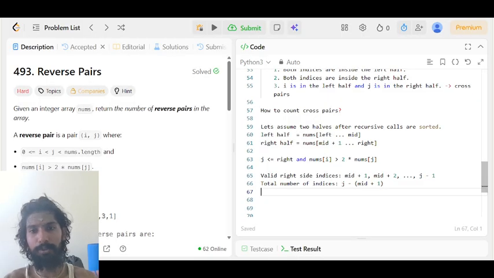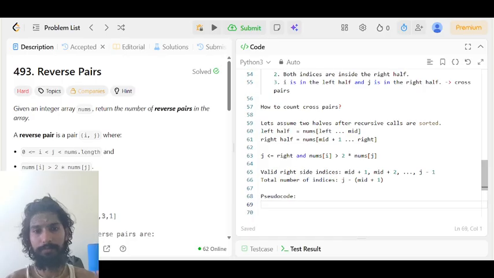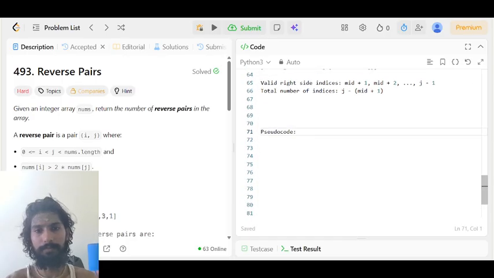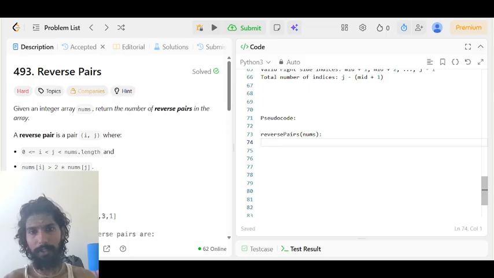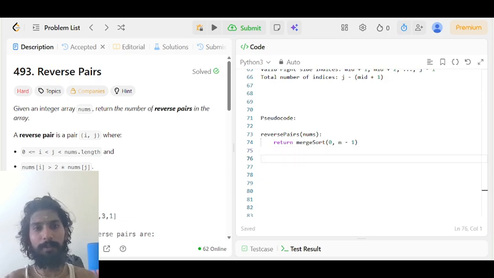Now let's write the pseudocode. First we create this function reverse pairs, which will return the merge sort from 0 to n-1, n being the length of the array.